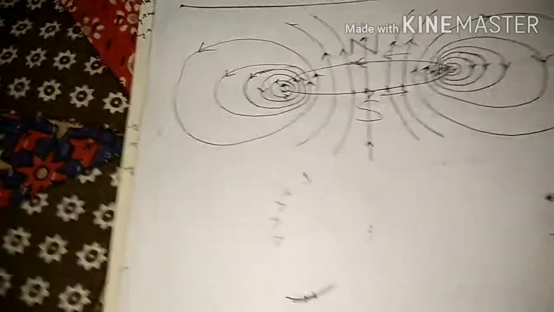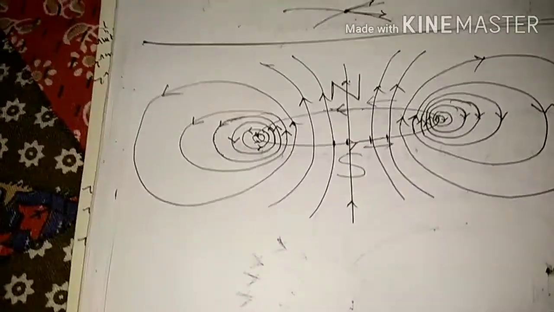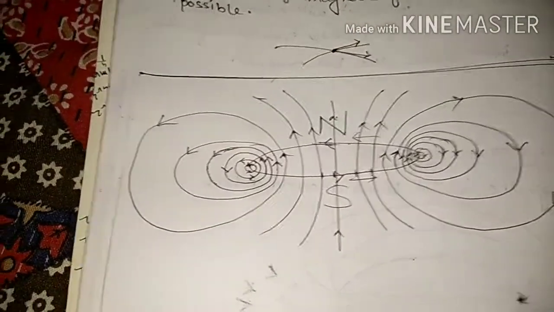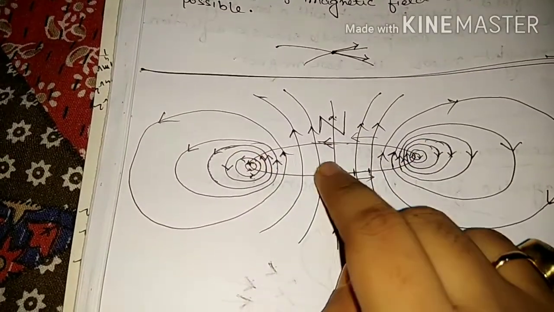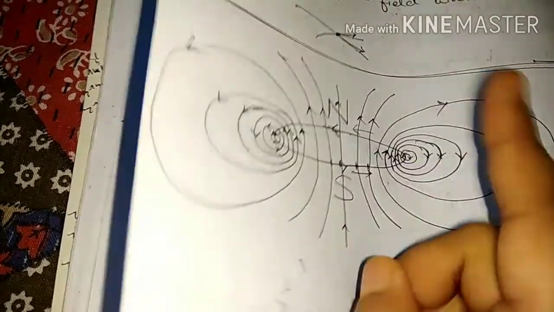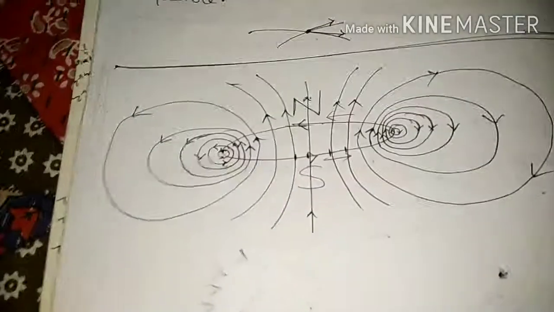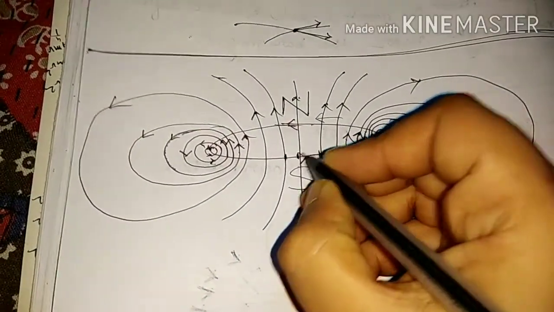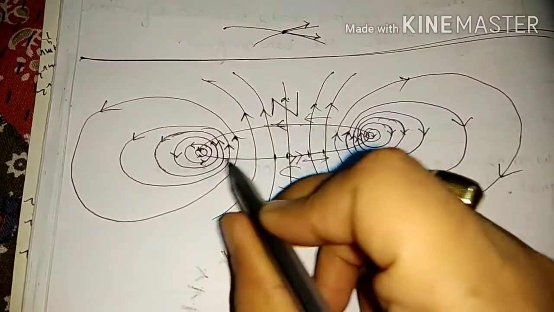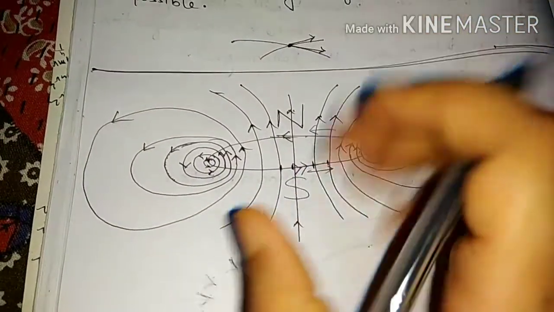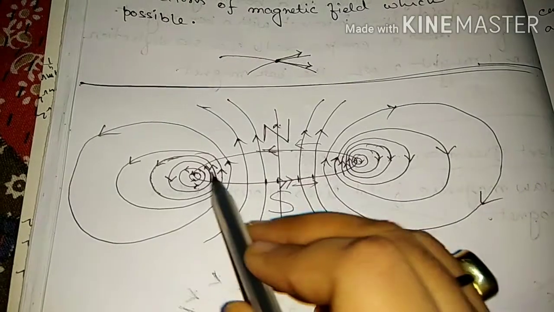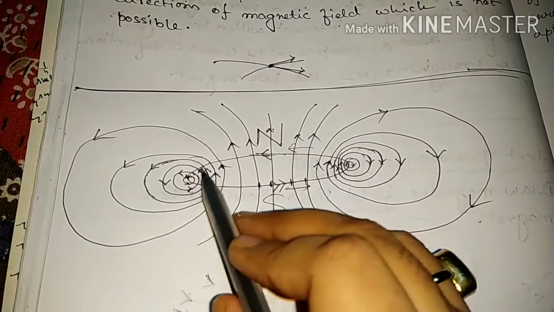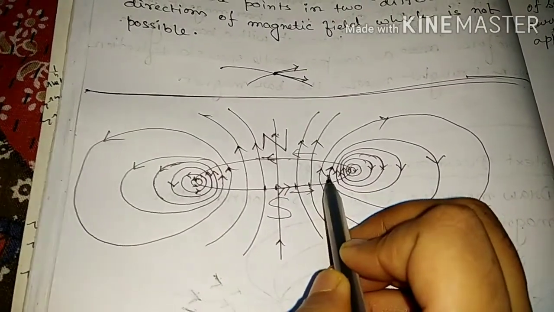Okay, now let's discuss how we apply the right hand thumb rule. This is a circular coil, and this is the direction of current, here to here. This is the inside of the coil, and this is the outside part of the coil.